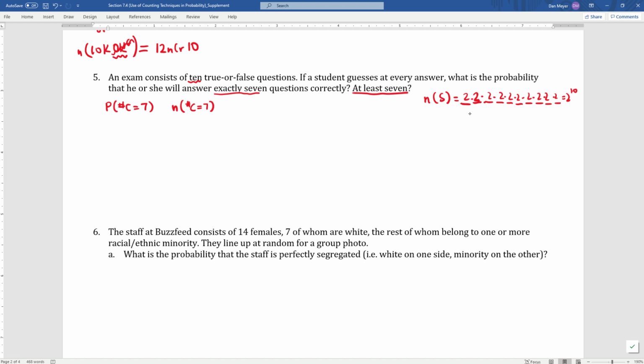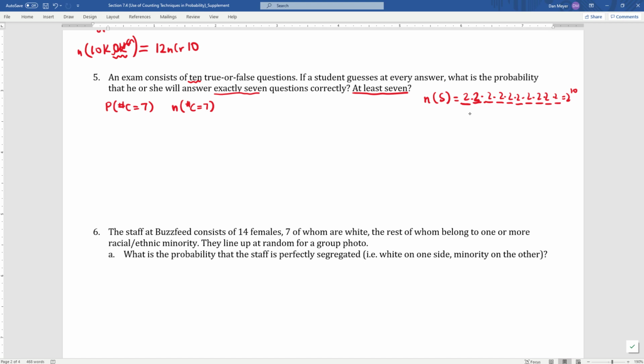Now, I guess this is another part that's unintuitive. Obviously, the questions are numbered, but when I say that the order doesn't matter, let's break this down and say we wanted to answer two of them correctly. One of the ways to answer 2 correctly is problem 1 is correct and problem 2 is correct.